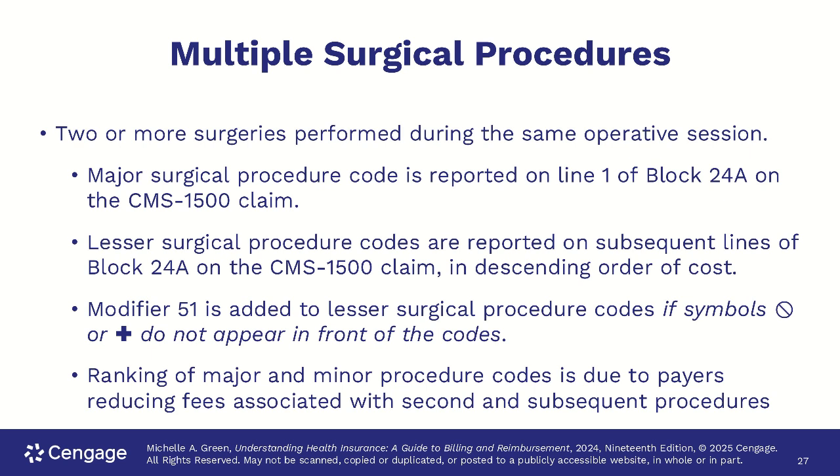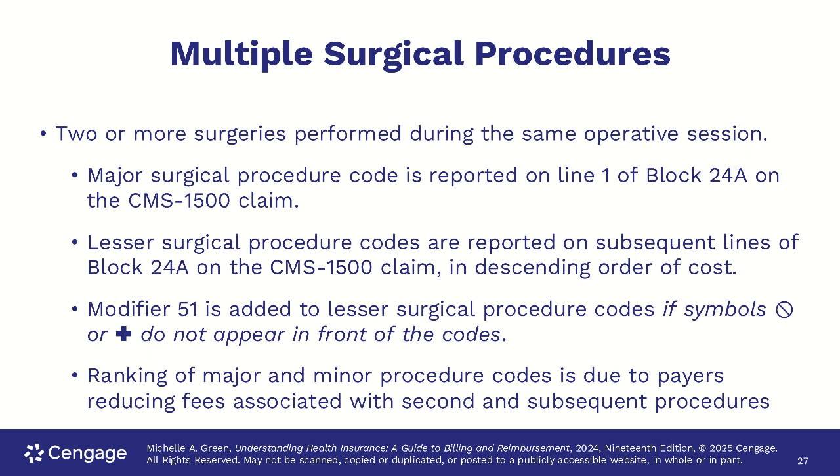And so they talk about the claim form again, just to give you that visual of, well, what happens if you have more than one surgery done today. The major surgery is going to be listed first on the claim form, and then that lesser minor procedure is going to be listed second.